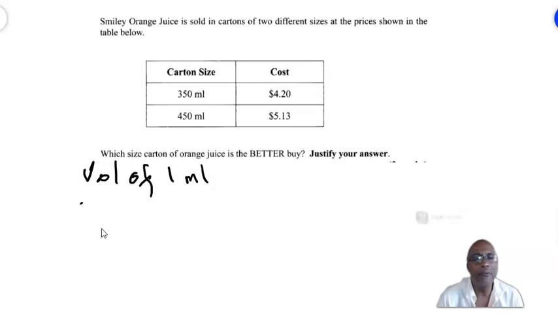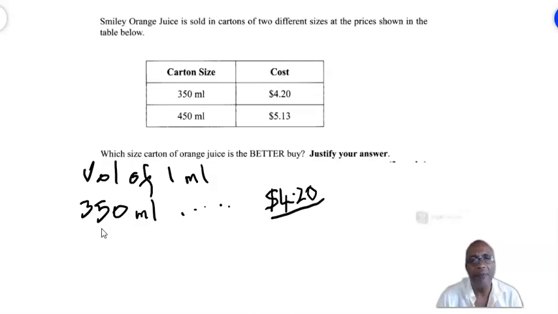For the 350 milliliter can, to find the cost of 1 milliliter, you divide the cost of one carton by 350.